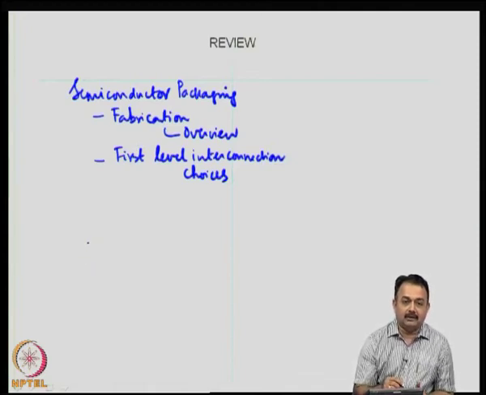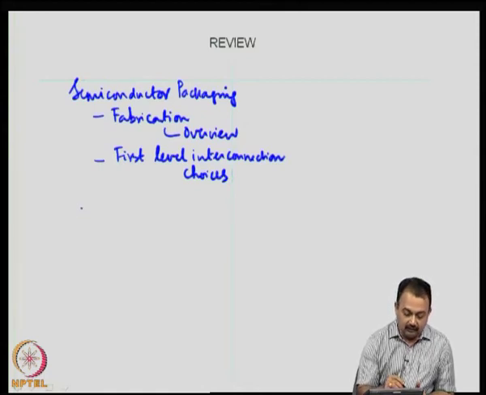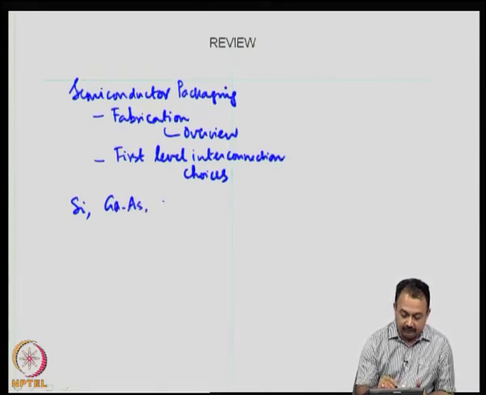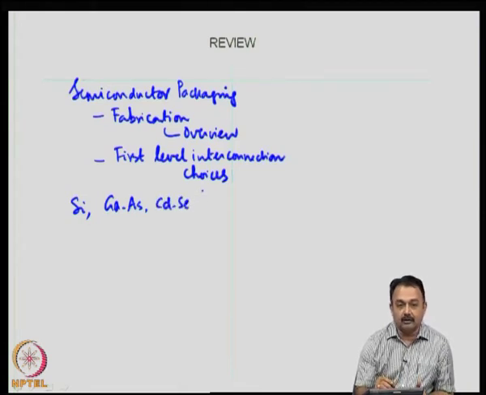we basically touched upon the fundamentals of the building blocks of semiconductors. Okay? We talked about silicon and we talked about some compound semiconductors like gallium arsenide, then other compound semiconductors like cadmium selenide and so on.